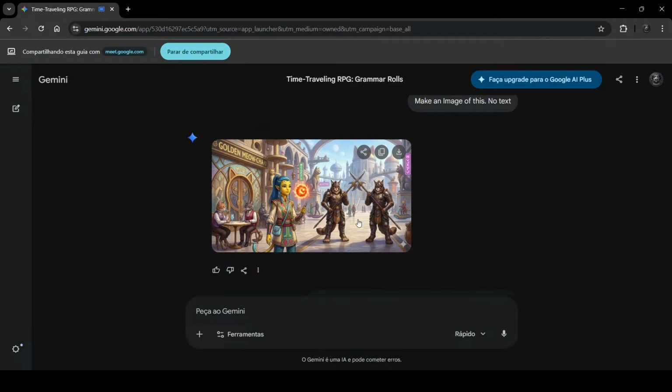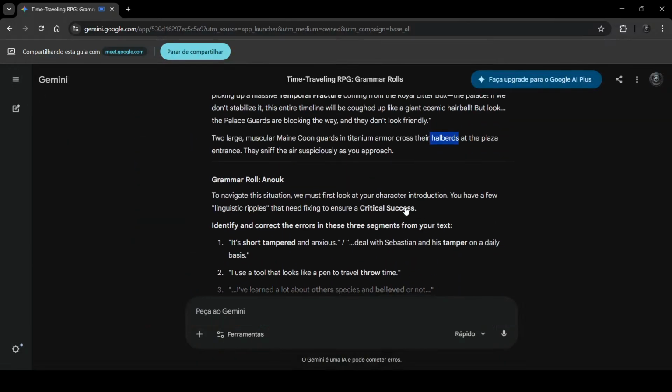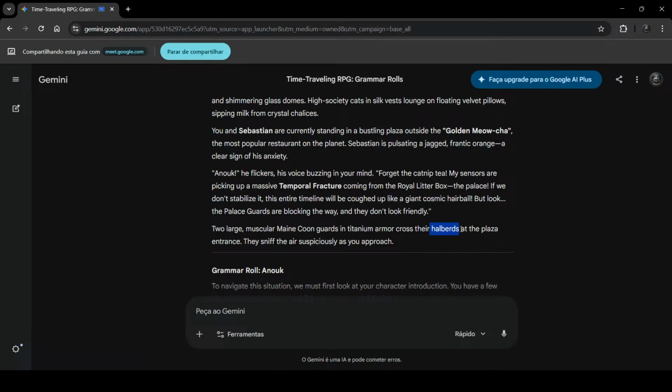I think it's this type of weapon here. Yes, this makes sense, because of what they're doing here. I didn't know the name of that. They sniff the air suspiciously as you approach.